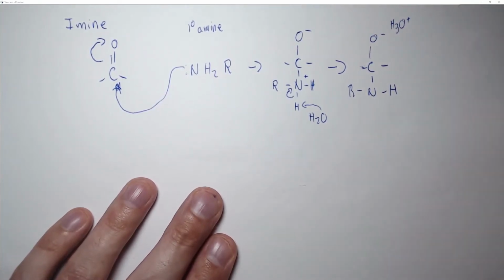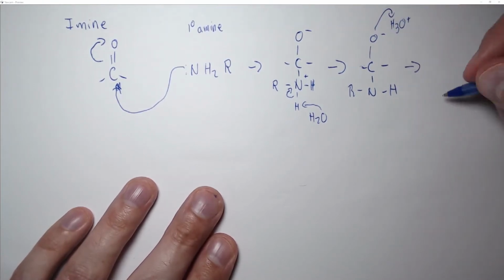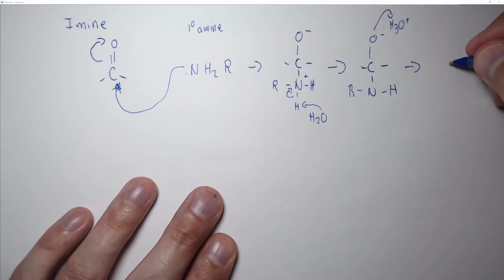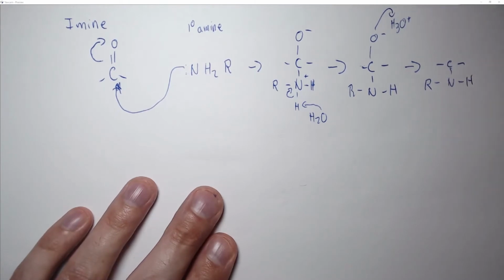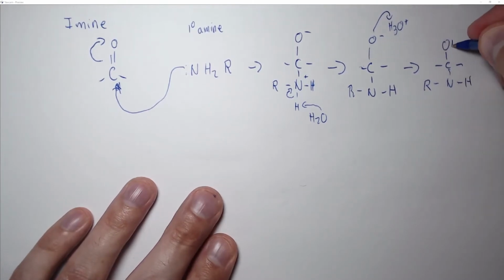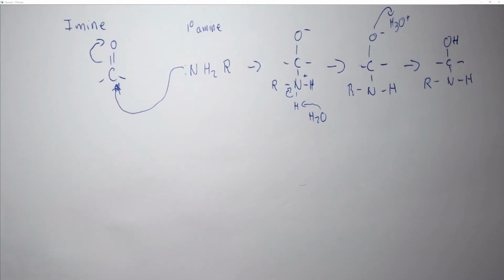If we get the proton from H3O plus, we basically get C bond N bond R bond H bond OH. Now, this is not where the reaction stops, because if we lose this water, we make a more stable molecule. So if we lose this OH and this H, we make a more stable molecule.